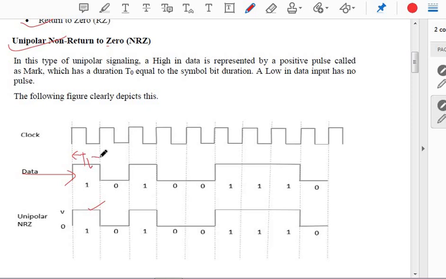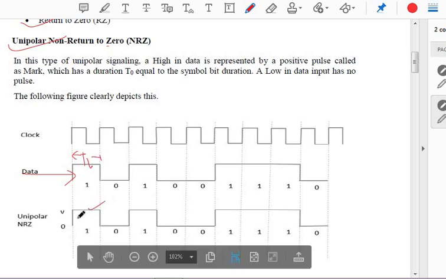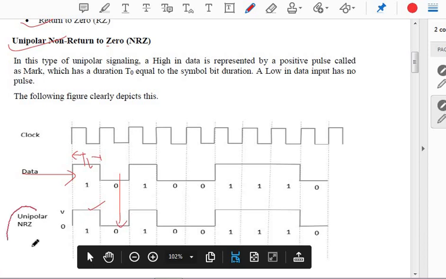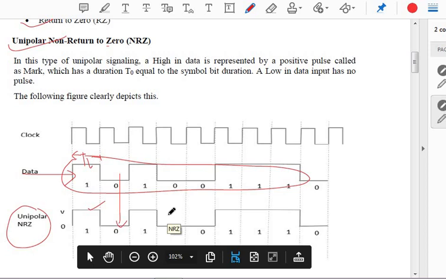For the complete duration, bit 1 is represented by high voltage and bit 0 is represented by 0 voltage. So this is the unipolar NRZ format. It is the same as the data represented; both are the same. So this technique is very simple.